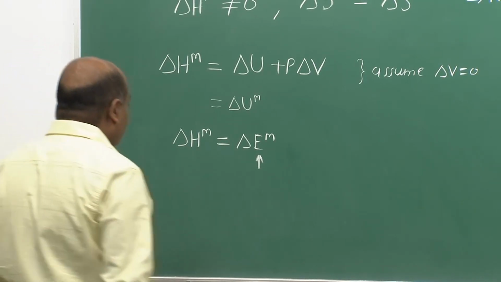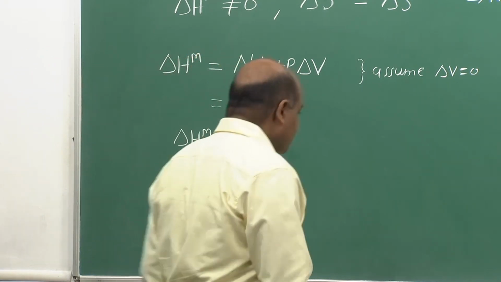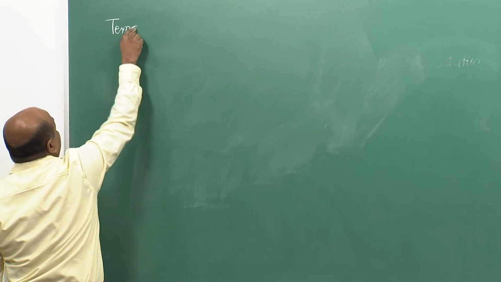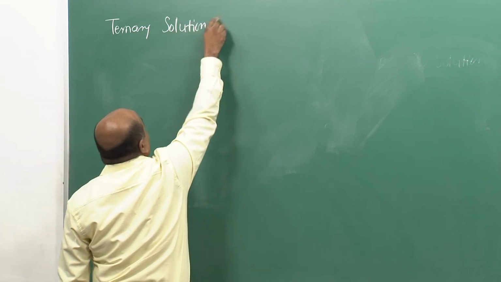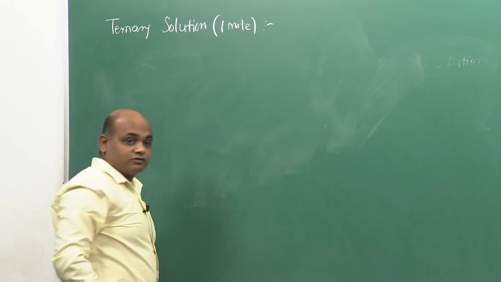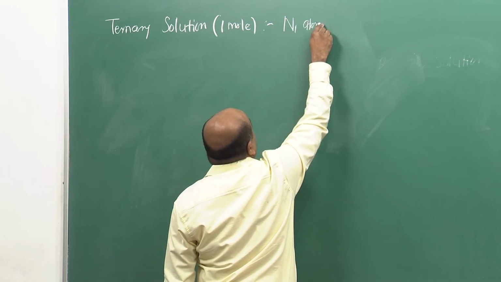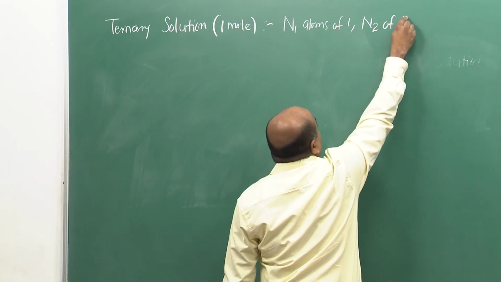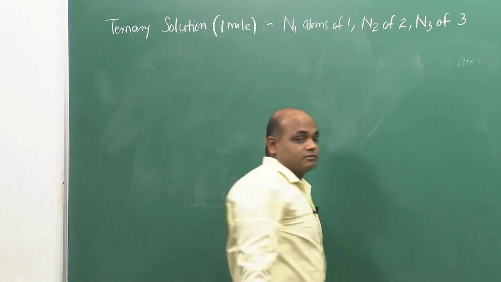Okay. So, let us try to evaluate this, and let us consider a ternary solution. For example, we are considering 1 mole of solution formed by mixing of n1 atoms of 1, n2 atoms of 2, and n3 atoms of 3.